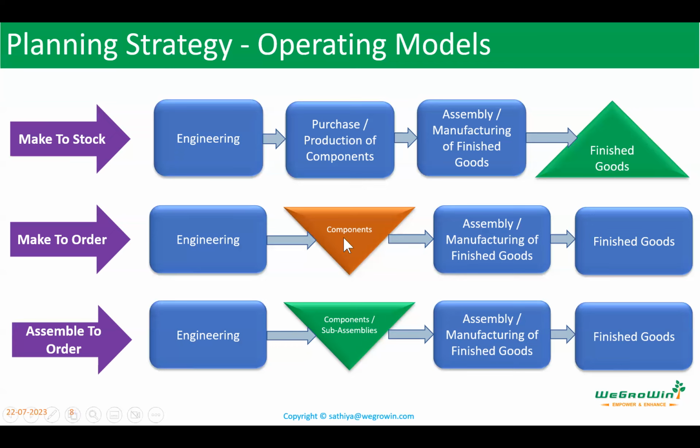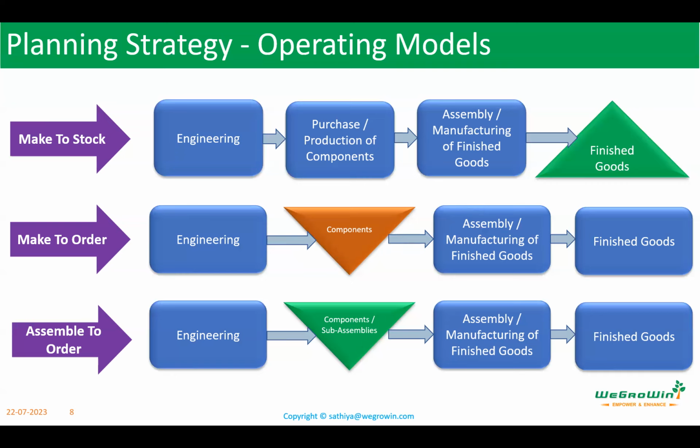Make to order is where I keep either components, I put as nil, because some organizations may keep some components by forecasting them, or some components they will keep blank. All other production activities start from there, or by buying itself, they will start. That is called make to order. Assemble to order means the components and sub-assemblies are kept in stock.